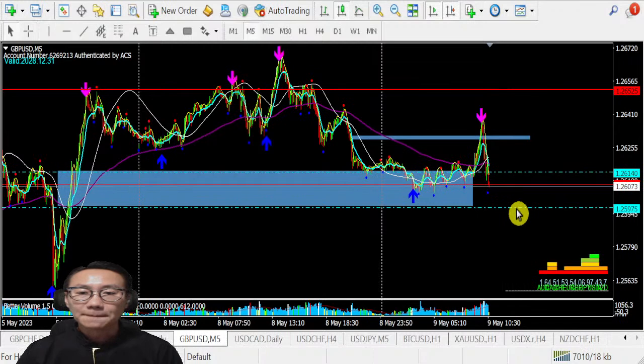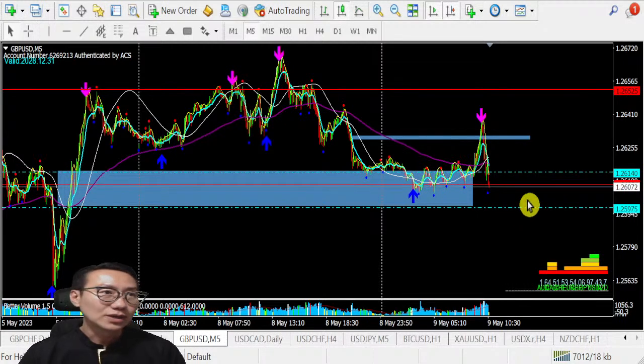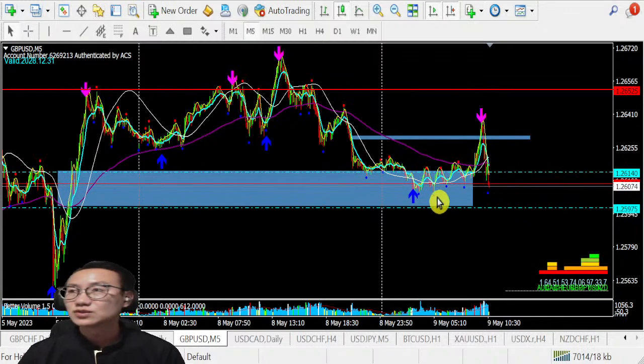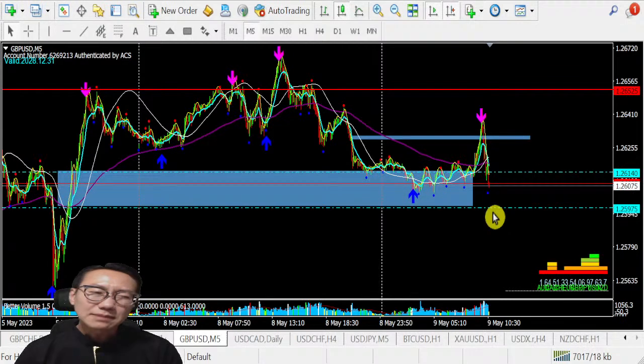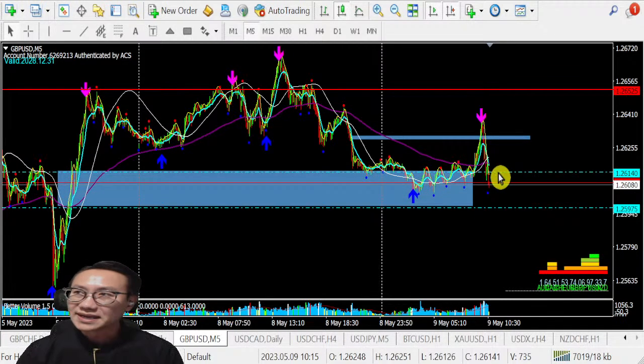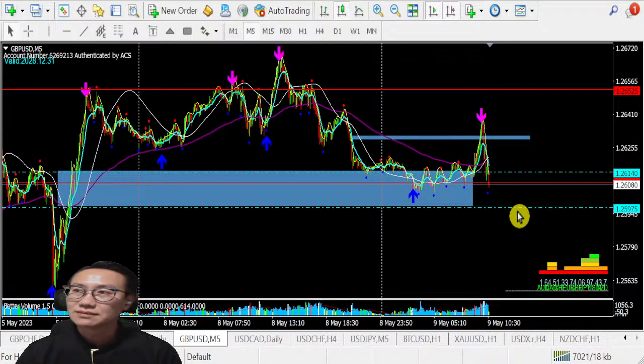But of course, what I want to say is that there's one point that you have to bear in mind. As a trader, sometimes the price may not retest the resistance, and it may just start to swing down immediately. Am I right?